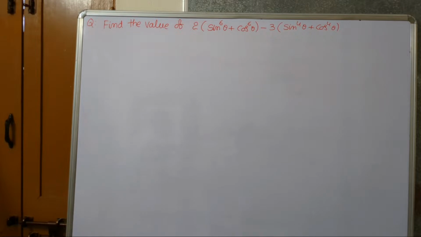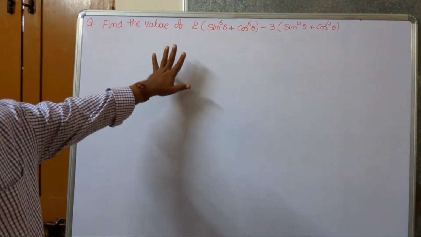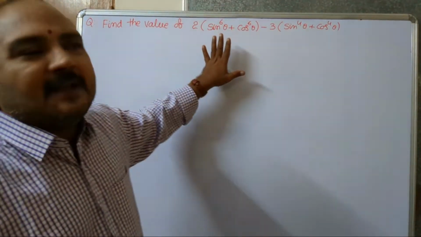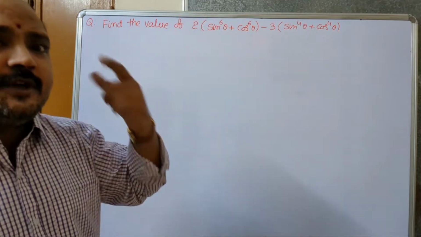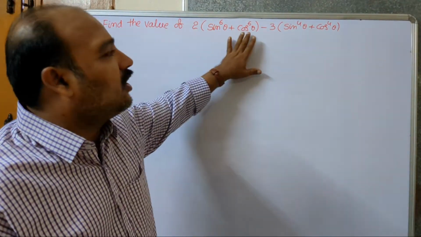Okay, dear students, how to do this? This is also a good question conceptually. In the competitive corner, if this question comes, what we have to do to get the answer easily is, in place of theta, take 0. Sin 0 is 0, cos 0 is 1.